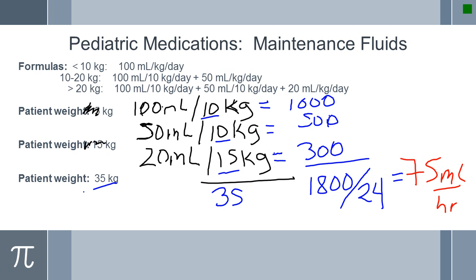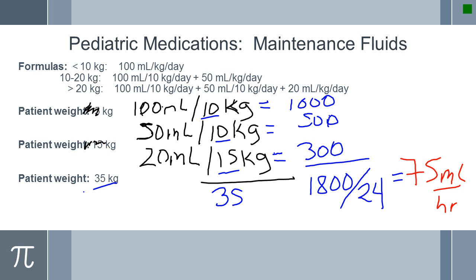If they're in between the 10 and the 20, then you're going to go 100 milliliters for the first 10 kilograms. And again, this is per day. And then we're going to go to our second tier, which is 50 milliliters.